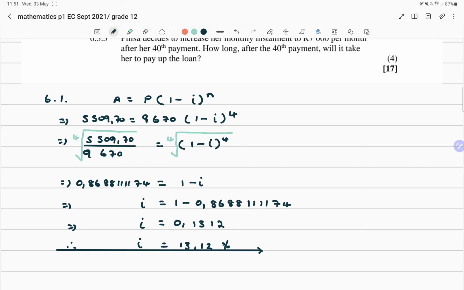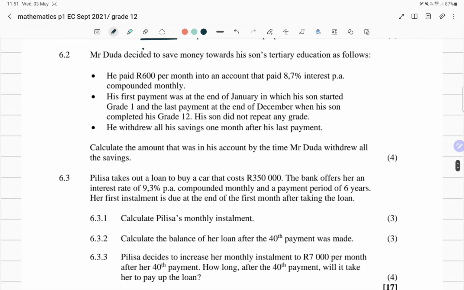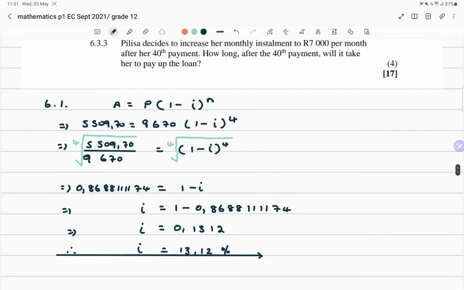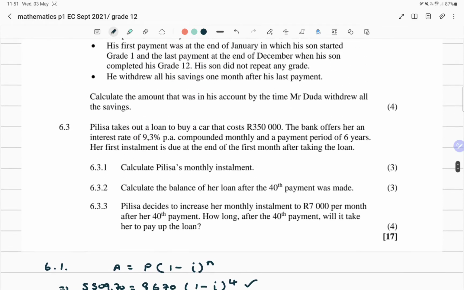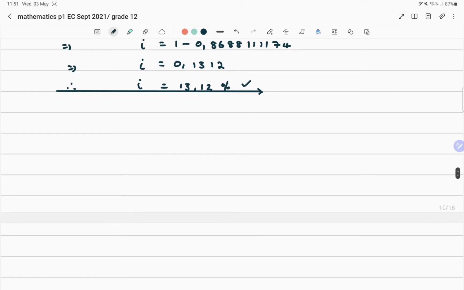But I think in percentage form is what makes a lot more sense than the other one. Great, easy stuff, guys. So this one is a nice question. Nothing really serious. So correct substitution, answer, and of course that inverse operation technique is important. Okay, let's get to 6.2.